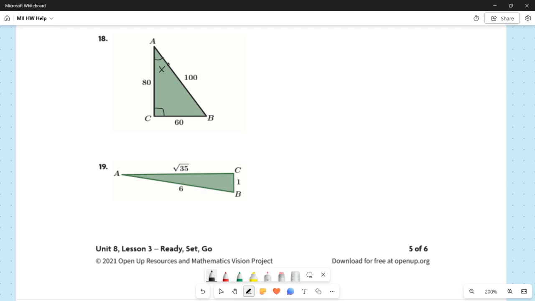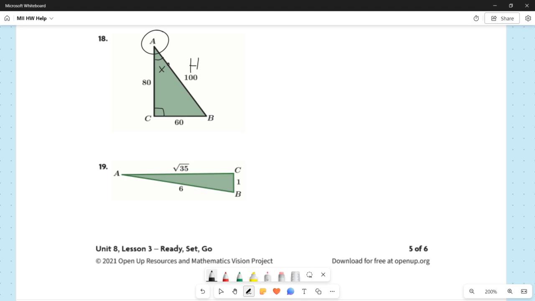Because it's a right triangle, we know that 100 is the hypotenuse, because it's across from the right angle. And because we're talking about angle A, this is definitely going to be a right triangle trig problem. I think it makes sense to label our legs, 80 and 60, in terms of which one is opposite and which one's adjacent.